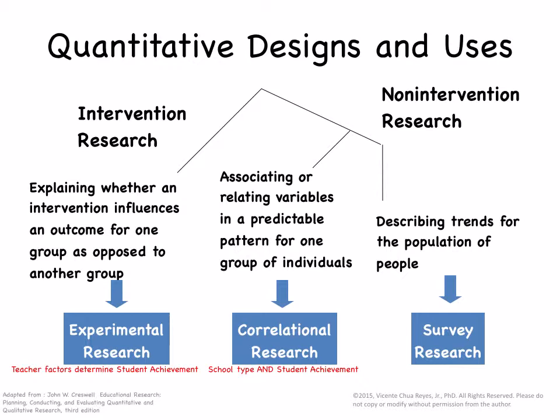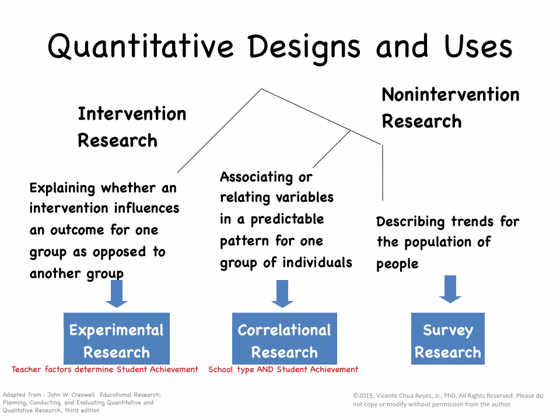can be accomplished. If we take a look at correlational research, defined as associating or relating variables in a predictable pattern for one group of individuals, the theme, school type and student achievement, is an example of correlational research.